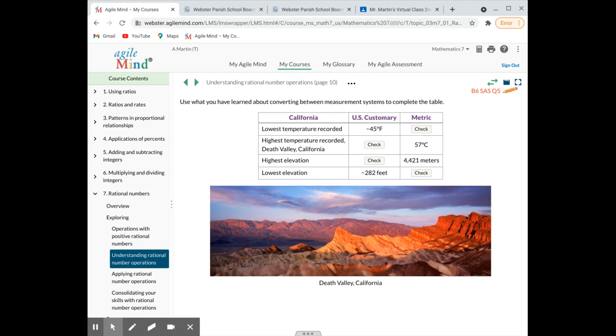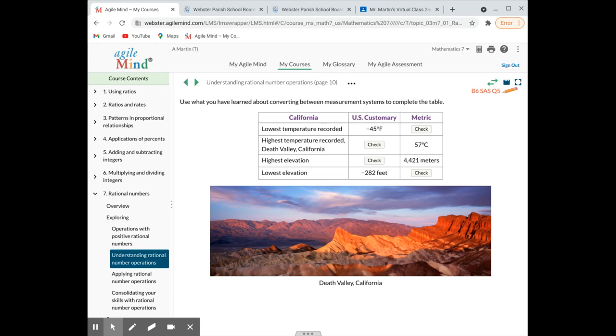All right. Then we're looking at the highest temperature recorded in Death Valley. They give us Celsius, but we need to convert it to Fahrenheit. Then we have the highest elevation. It's given to us in meters, so we need to convert it to what? Not Celsius, but feet. Feet, because we're measuring it.